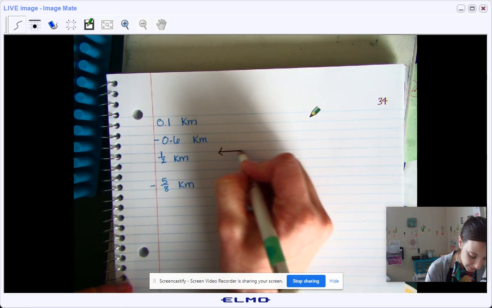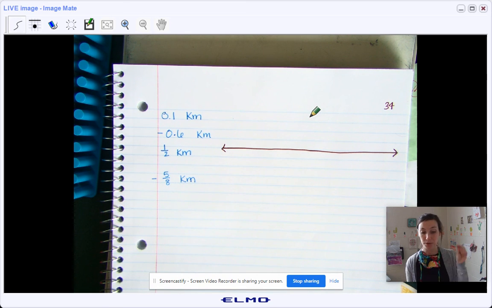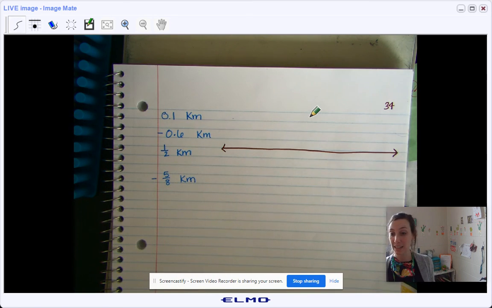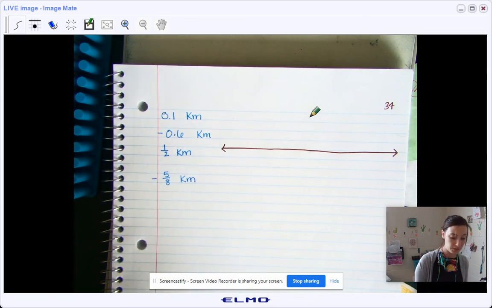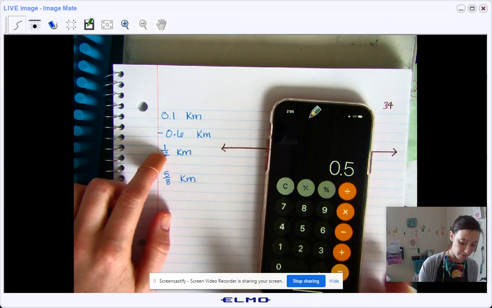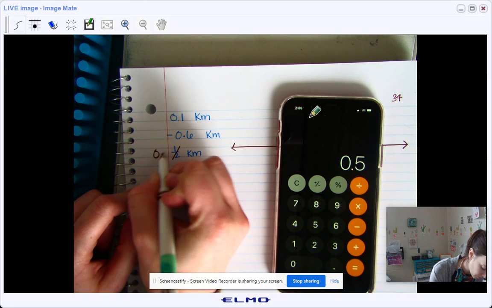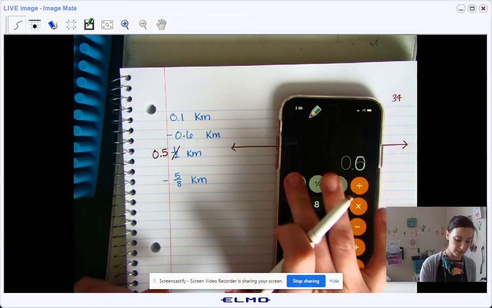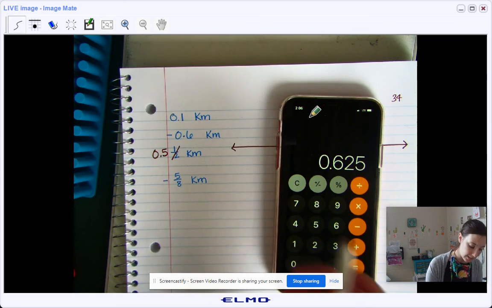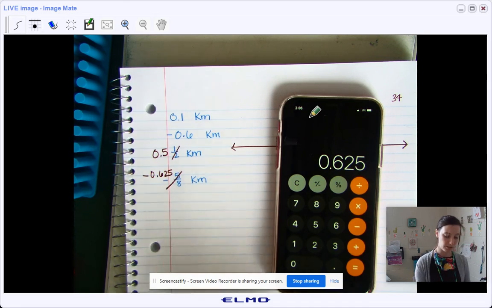In graphing this, first thing is, there's a reason that we did chapter 5 first. And that reason is you know how to turn a fraction into a decimal. So you don't have to mess around with trying to compare what to what. So if I get my calculator out, remember I can turn 1/2 into a decimal by doing the top number divided by the bottom number. So I'm going to rewrite this as 0.5 kilometers. 5/8 I'm going to rewrite as negative 0.625 kilometers.